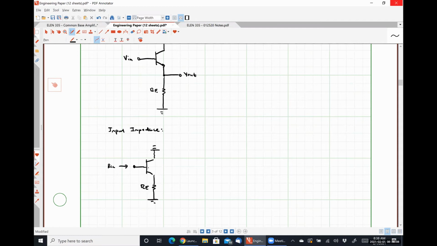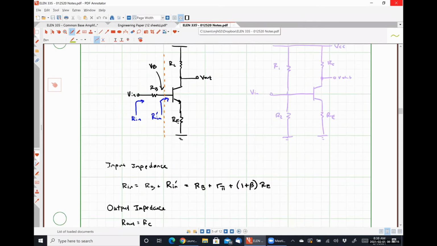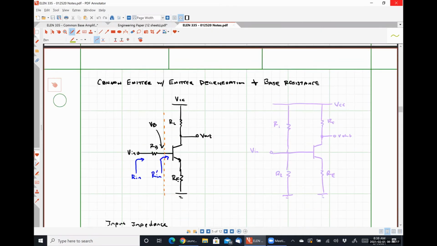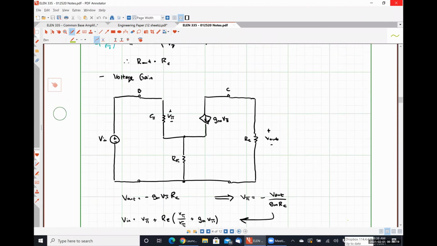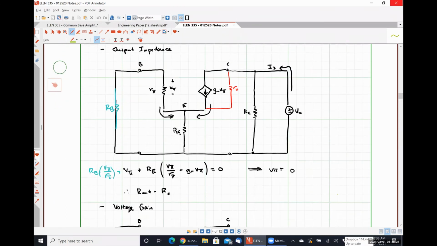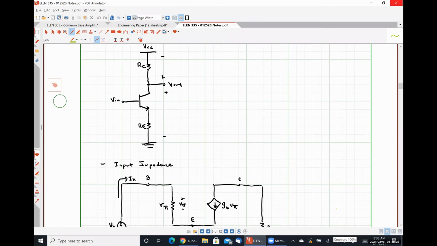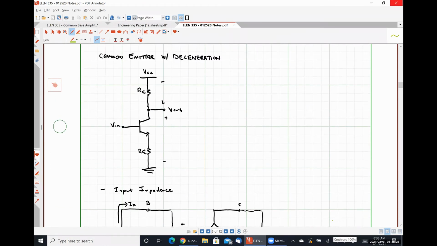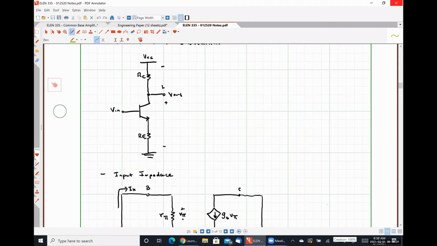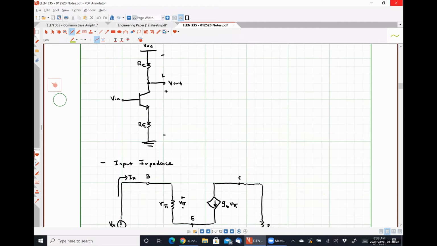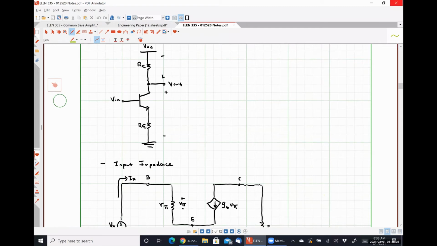So with that in mind, let's circle back over here to our common emitter amplifiers, all right? So we want common emitter with emitter degeneration. And we are taking our input impedance.